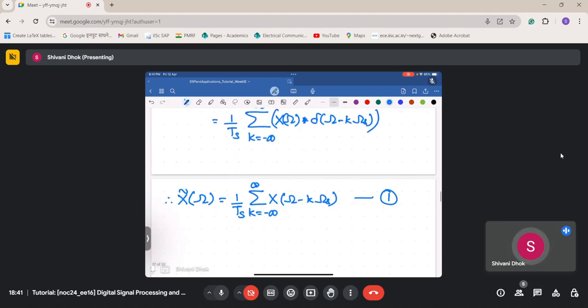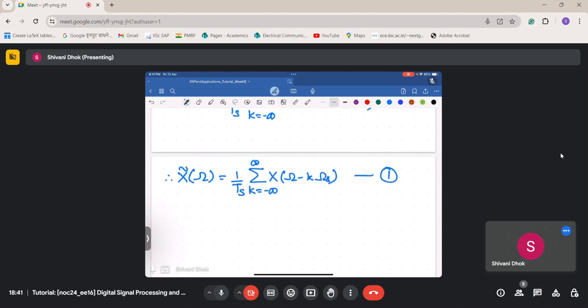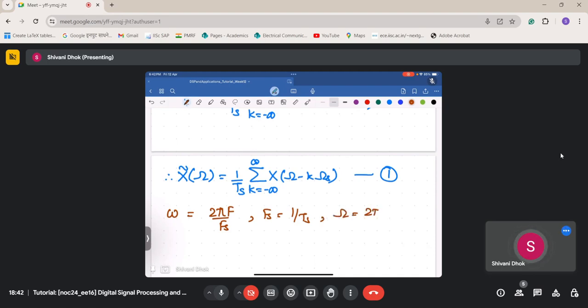Another relation that we have is this angular frequency omega is given as 2 pi f by fs, where f is the Hertz frequency and fs is the sampling frequency. So here fs is 1 by Ts and f is whatever we are having here. So f is the Hertz frequency and omega is 2 pi f. So I can write this as omega upon 1 by Ts, which is equal to Ts into omega.